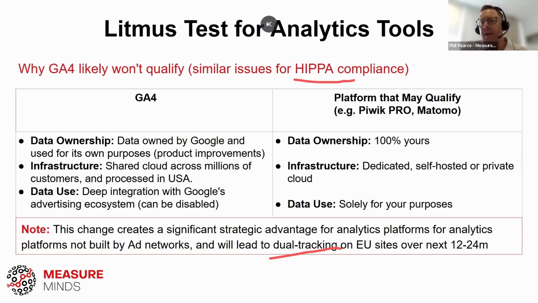Now there could be a last-minute change and some sort of agreement done, or Google introduce some ways of doing self-hosting for GA4, or almost like an on-premise or Urchin-style mode, but that doesn't exist at the moment. But that would be my hope.